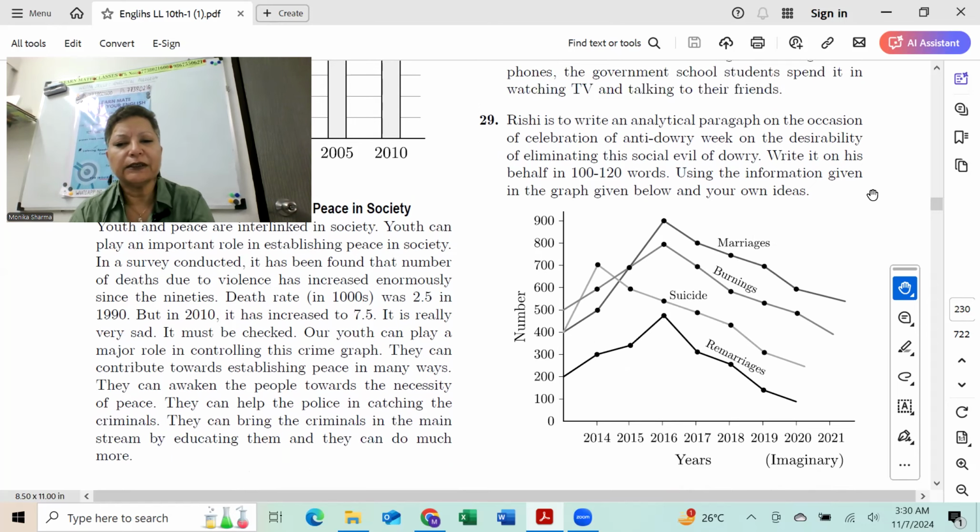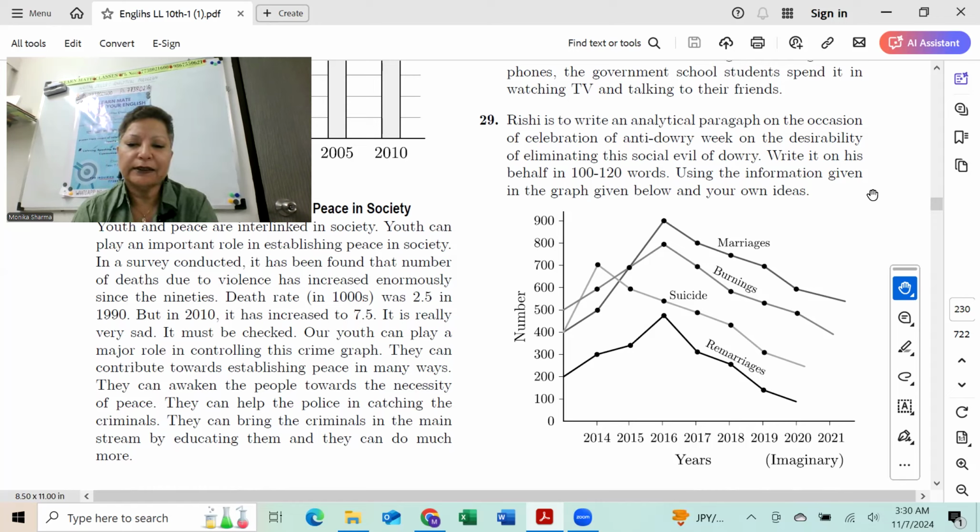And if I look at it, I will have to start by saying that the graph shown here is a graph which analyzes the number of marriages vis-a-vis the number of deaths by burning or suicide cases or the number of girls who have remarried because of failed marriages over a period of 2014 to 2021.